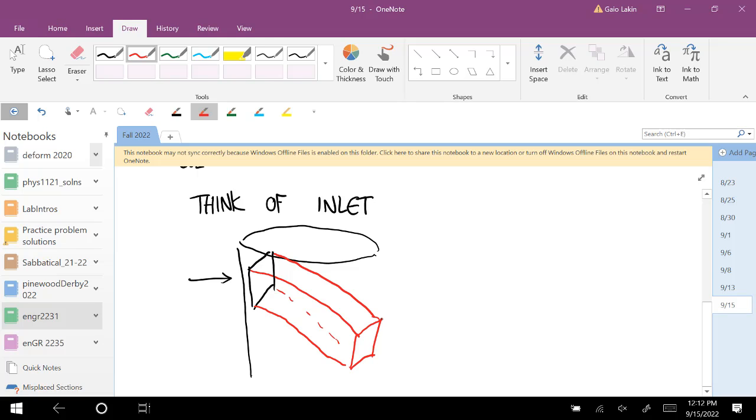Think of this as like a pudding jello-like material that's going into the tank. Okay. Think of the mass of that at a single instant. The mass of this extruded piece.